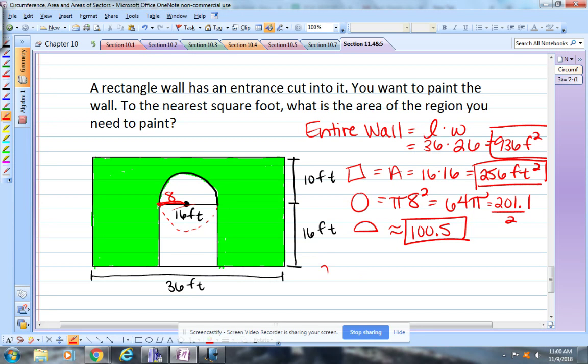So we're going to say 936, the whole wall, minus the area of the archway, 356.5, leaves us with a wall space of what? Approximately 579.5 square feet.